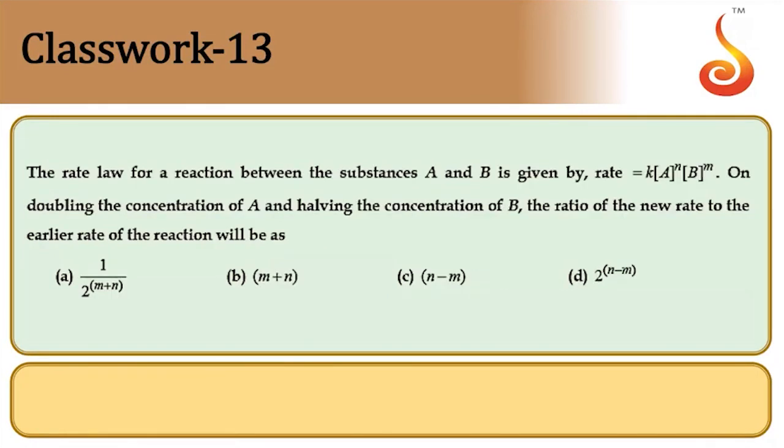Then the rate law for the reaction between substances A and B is given by rate is equal to K into [A] to the power of n [B] to the power of m. On doubling the concentration of A and halving the concentration of B, the ratio of new rate to earlier rate of reaction will be?